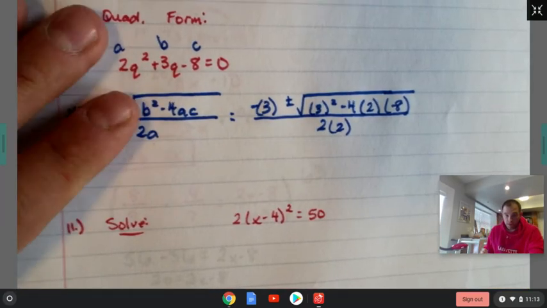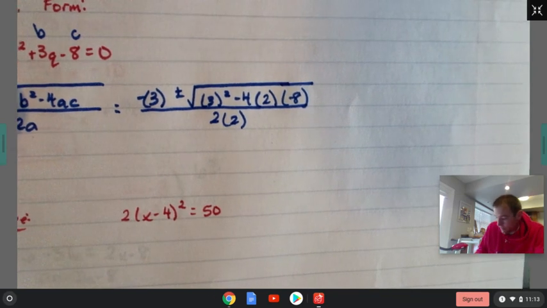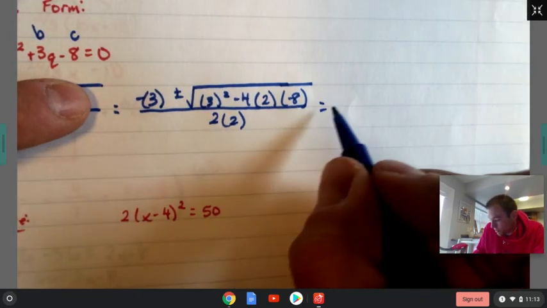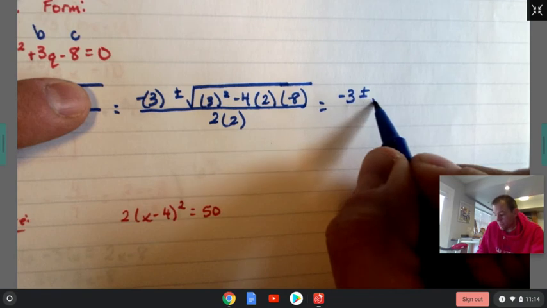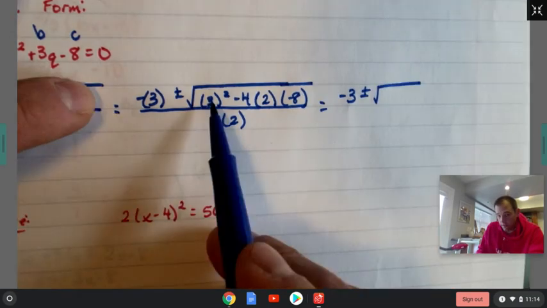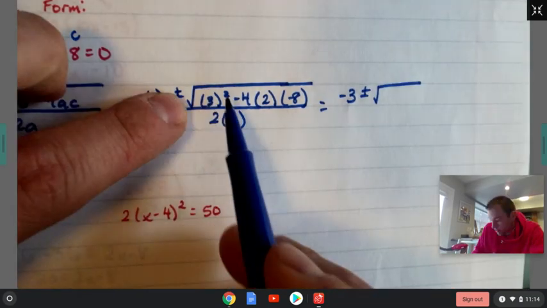So now we just keep solving it. So negative 3 is not going to change. Plus or minus square root. 3 squared is 9. Minus 4 times 2, which is 8. Times another 8 would be 64. All over 4. So then we keep going.